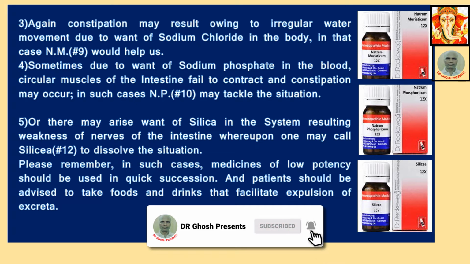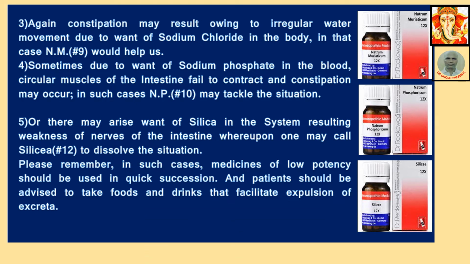There are foods, particularly fruits, green vegetables, fibrous foods, any food containing fibers, carbohydrate also, fibrous carbohydrate, protein also, there is dal or pulses actually. So there are so many pulses, they also contain fibers. This type of food will help expulsion of excreta easily.